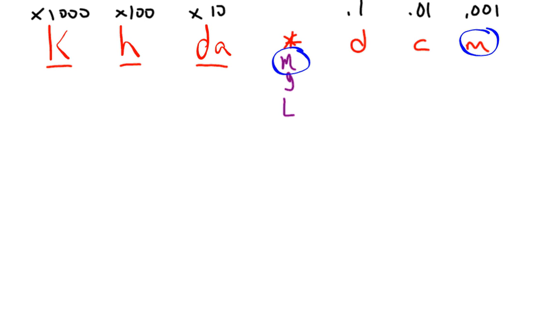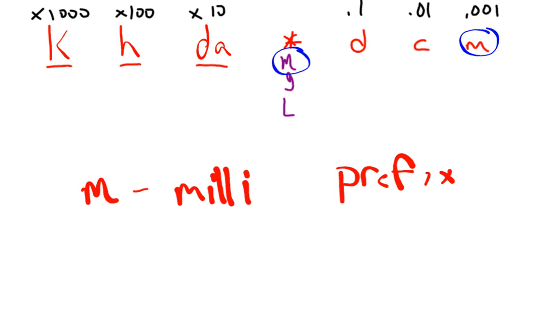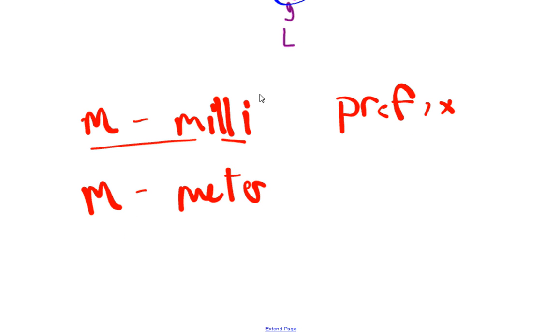Milli, or milli, it's a prefix. The word meter is an actual unit of measurement. So milli will always be in front of something.